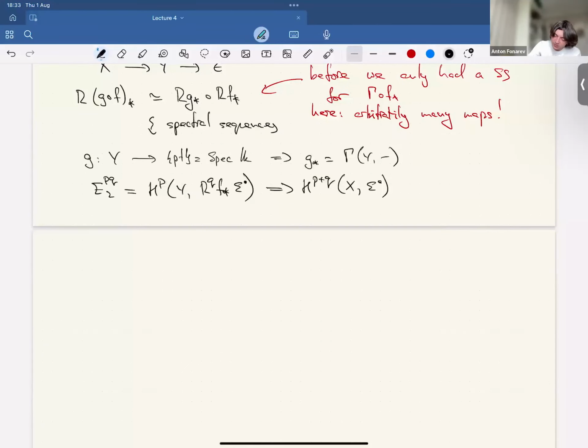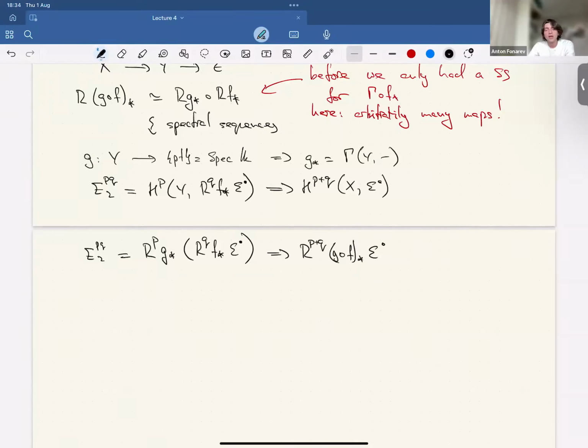So if G is arbitrary, you get a spectral sequence now, which says, in terms of sheaves, R^P G lower star applied to R^Q F lower star of E, where E is now again maybe a complex. This converges to R^{P+Q} of F composed with G, lower star E.